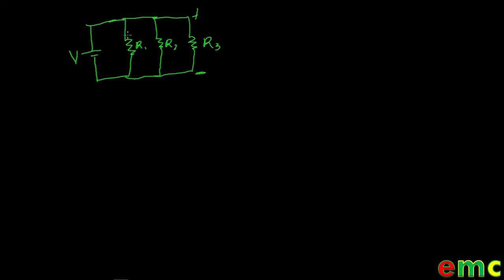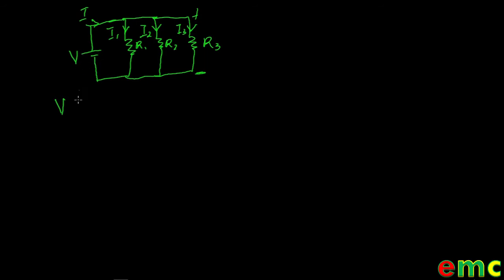And since there are multiple paths established for current flow, the total current flowing out of the voltage source, let's denote it with I, is equal to the addition of the individual currents flowing through each branch. If we have current I1 flowing through the first branch, I2 through the second branch, and I3 through the third branch, the voltage applied across all the loads is the same, which is equal to the voltage source.